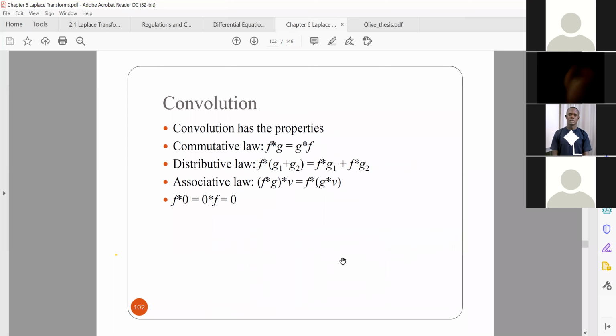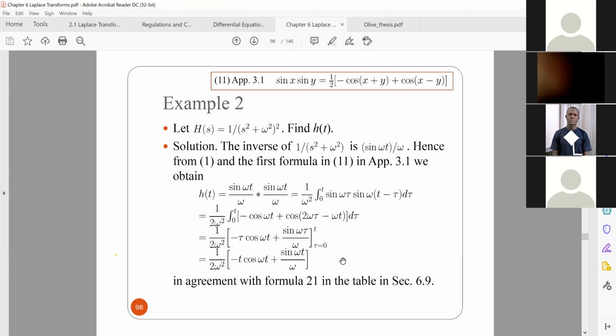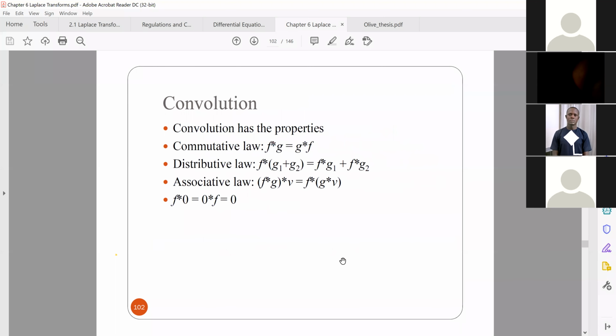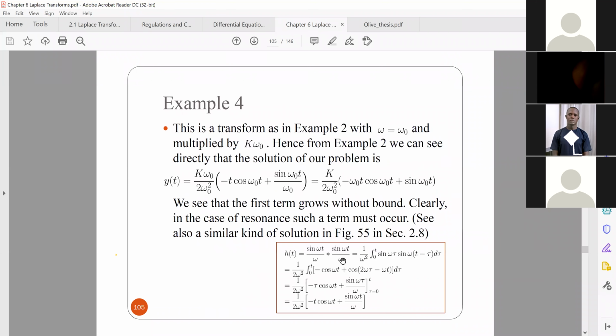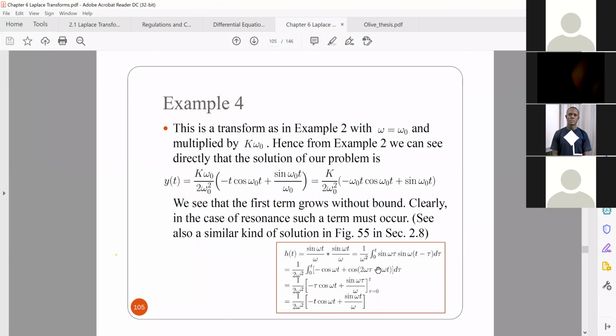So that's why they're saying from this example, the answer we got here, you can directly get the answer. Actually, they repeated it here.